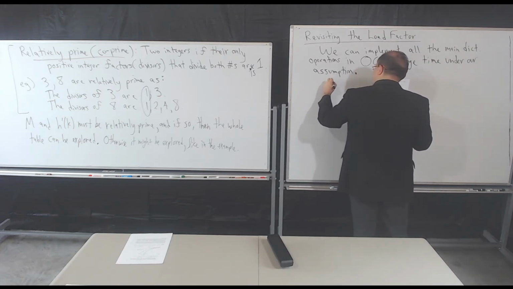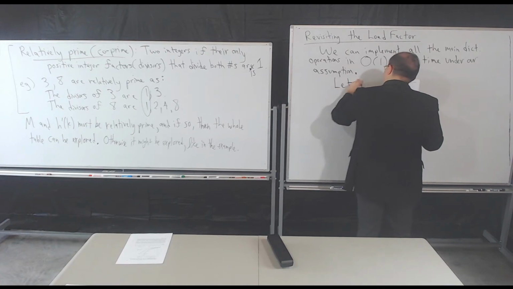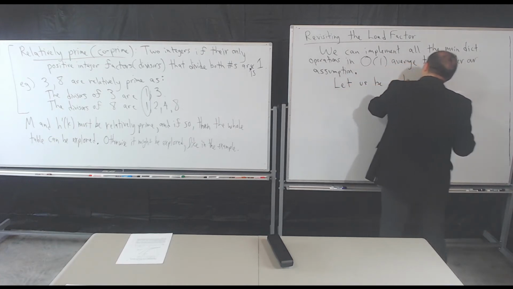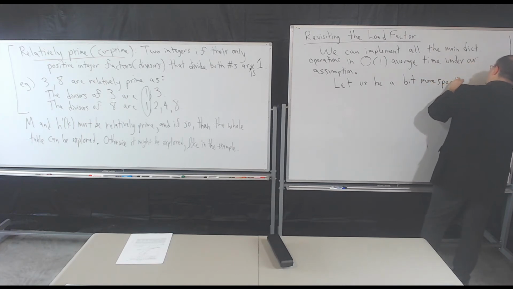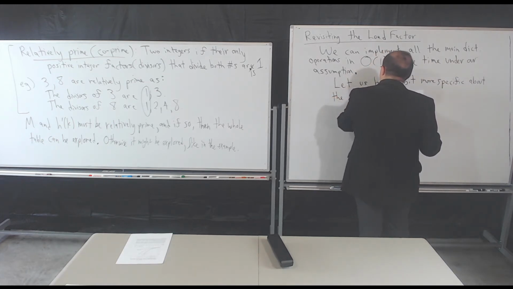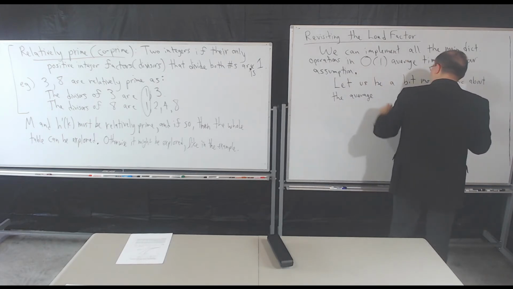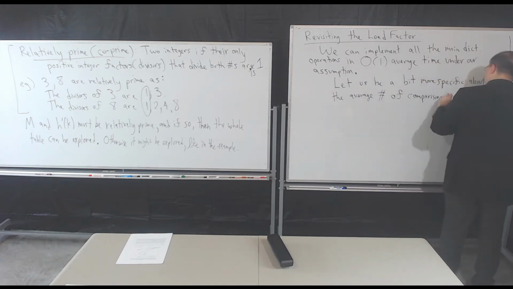So what we're going to do is be a bit more specific about the average number of comparisons for the get operation.